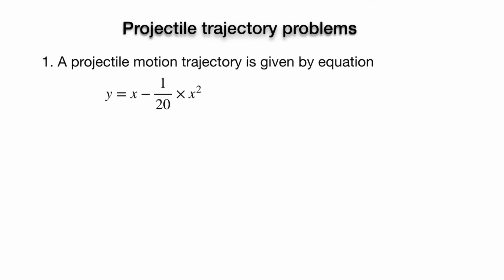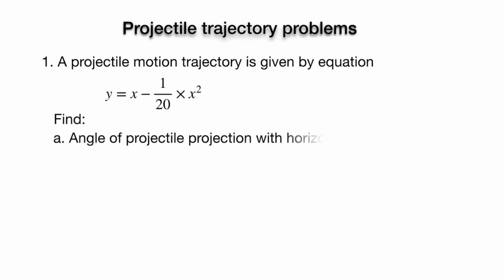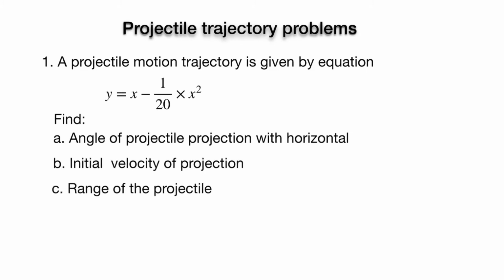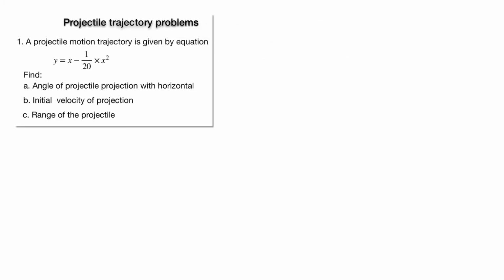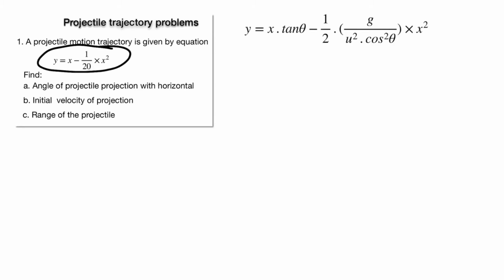Now let's do a couple of trajectory problems to build up our concepts. Problem 1. A projectile motion trajectory is given by an equation, and we have to find the angle of projection, the initial velocity, and the range of the projectile. So here we have the projectile motion equation. We just need to compare this equation with the standard projectile trajectory equation.